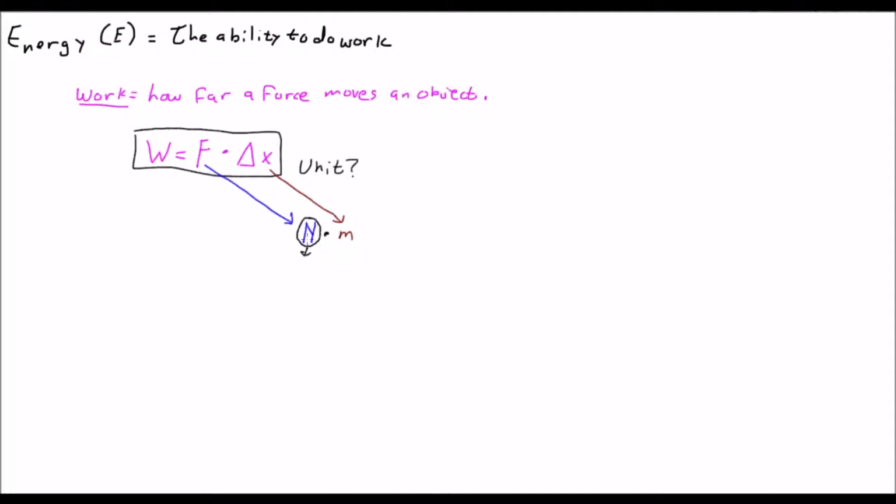Newtons can actually be written as kilograms times meters per second squared. So the full unit would actually be kilograms times meters per second squared times meters.